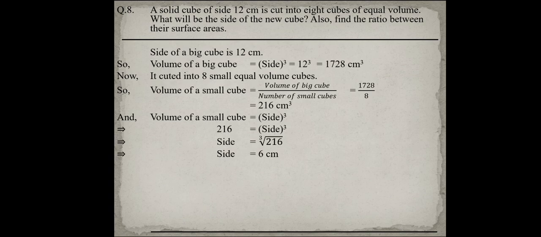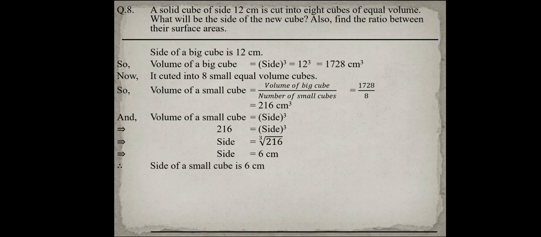In a cube there are 6 faces, each face of the shape of a square, and the area of a square is side square. So there are 6 faces, so 6 multiplied by s square is the total surface area of the cube.